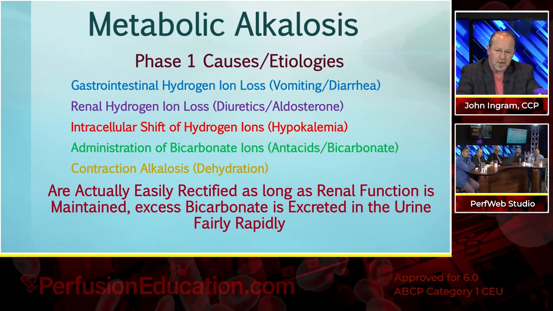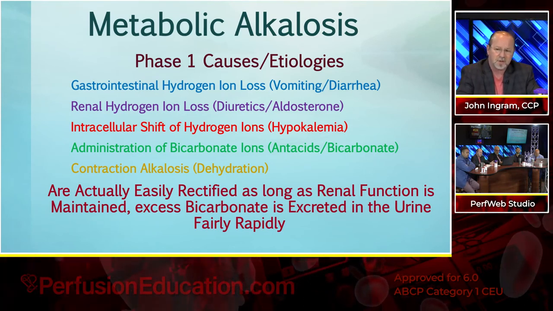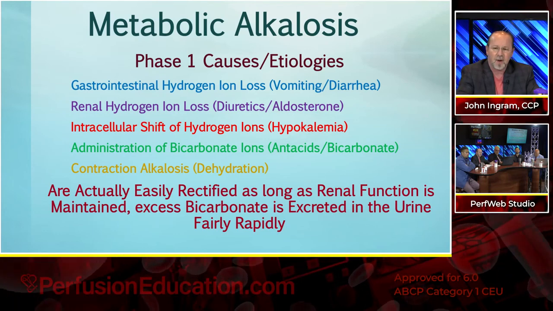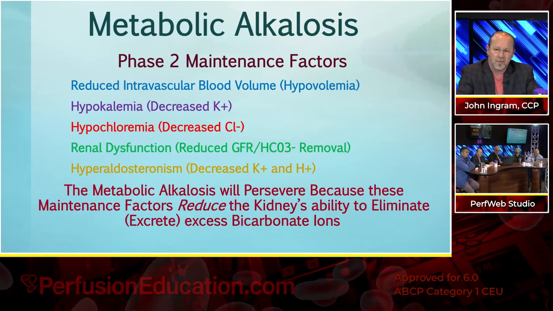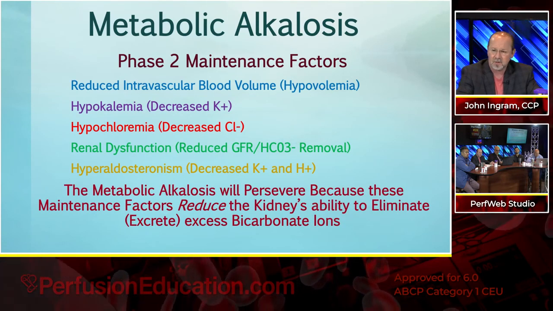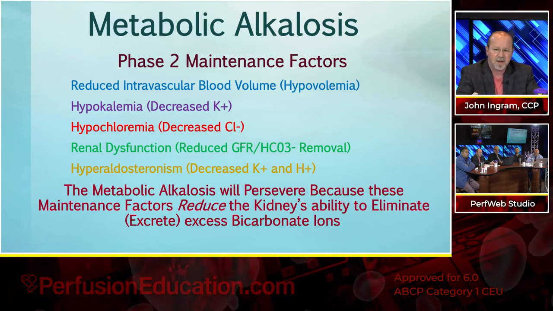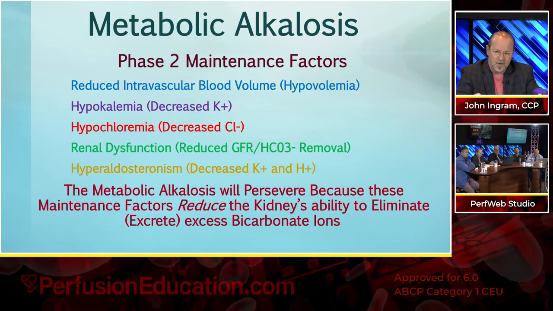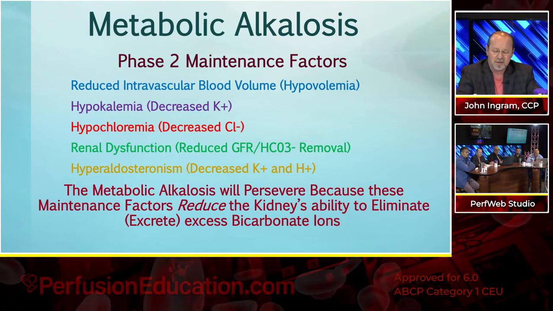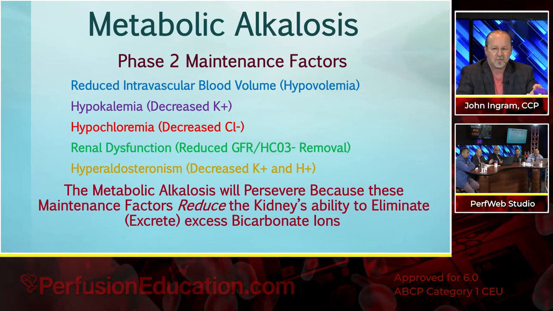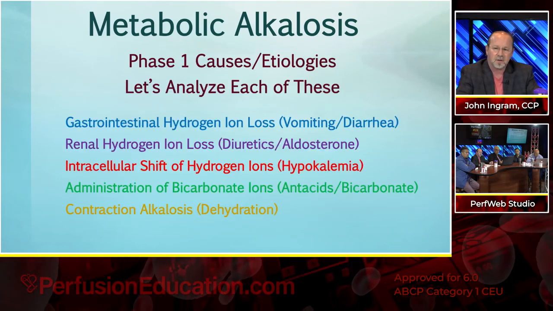Our renal function is normal, and we excrete the excess bicarbonate ion fairly rapidly. Well, in people that maintain their alkalosis, the metabolic alkalosis will persevere because these maintenance factors reduce the kidney's ability to eliminate the excess bicarbonate ions. So that's how you stay in metabolic alkalosis.